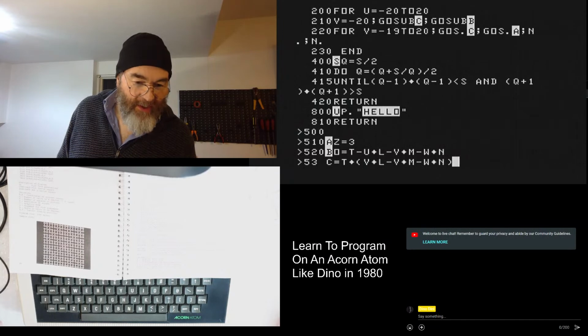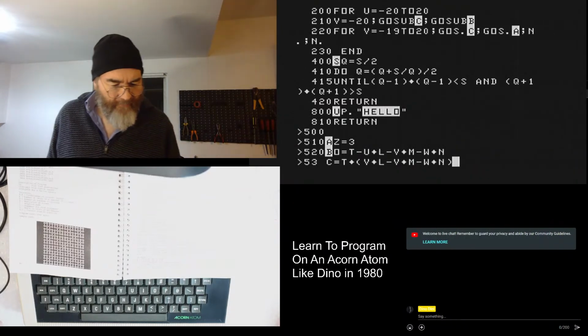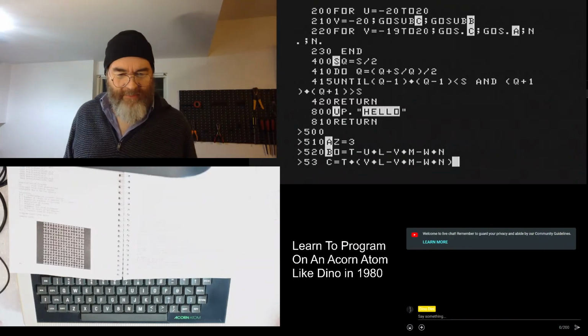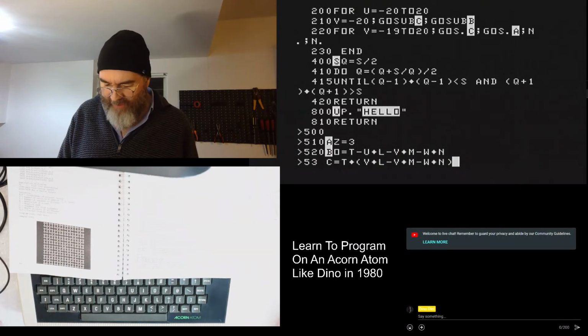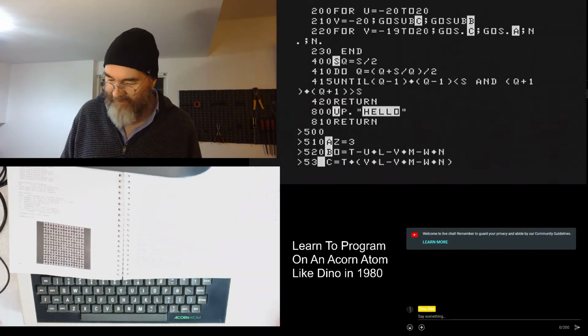C equals T times open parenthesis V times L minus, that's for line 530. I don't like this. Let's go back. See, it's not 530. Hit escape. Oh no, that does that.